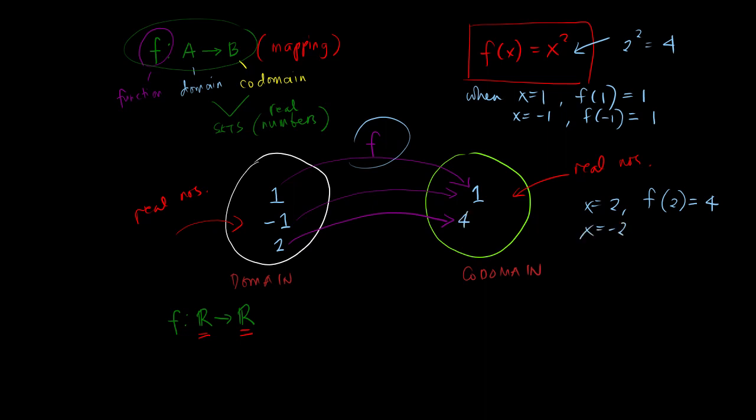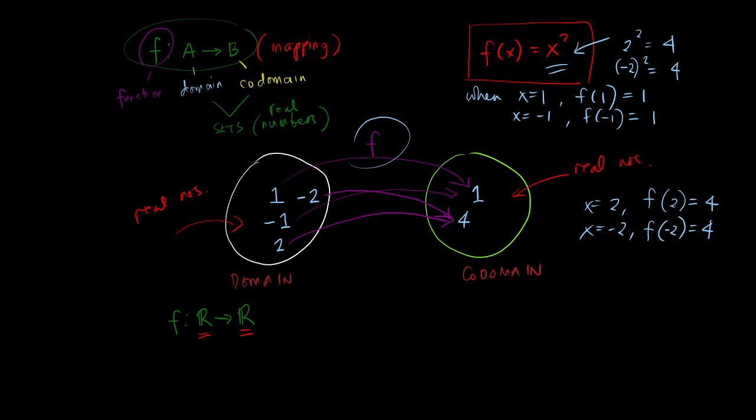What about when x is equal to negative 2? What's the value of the function? The value of the function is again 4. Why? Because when x is equal to negative 2 in this function, negative 2 squared equals again 4. So when x is negative 2, the value of the function is again positive 4.